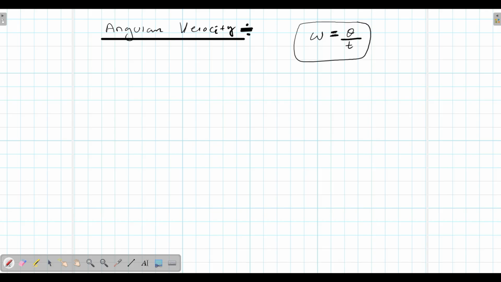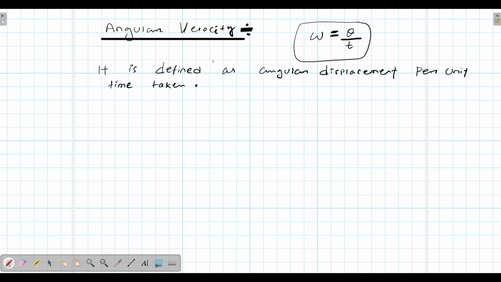So it is defined as angular displacement per unit time taken, that is angular velocity.